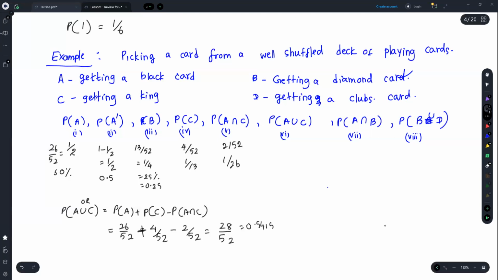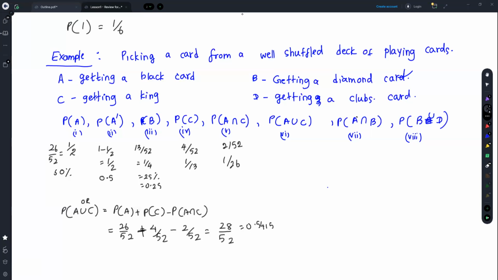Right. Then A intersection B. A is black, B is a diamond. So what is the probability that when you get a card, it is a diamond and also it is black? Do you have black diamond cards?